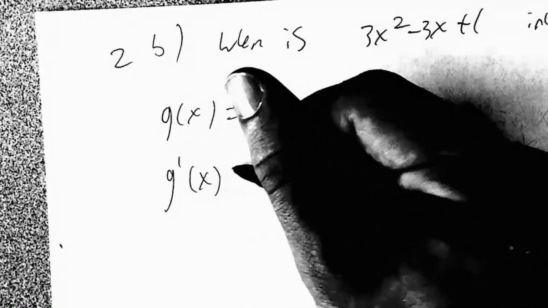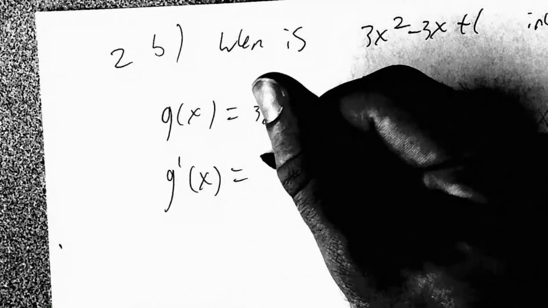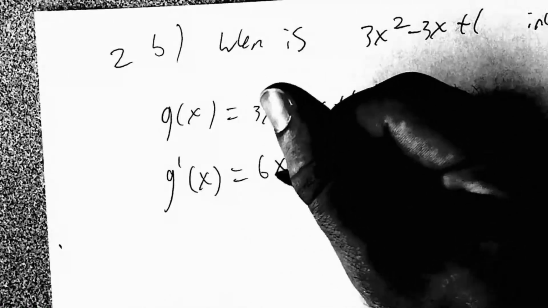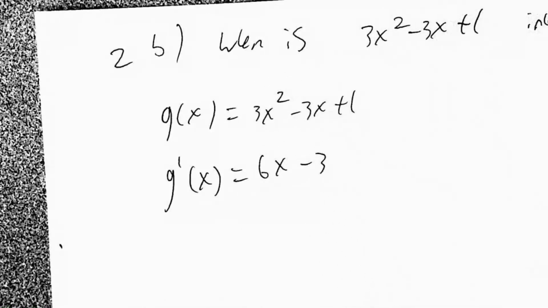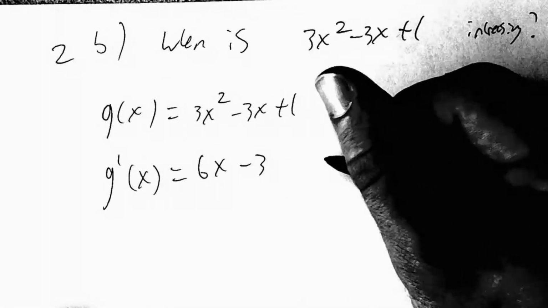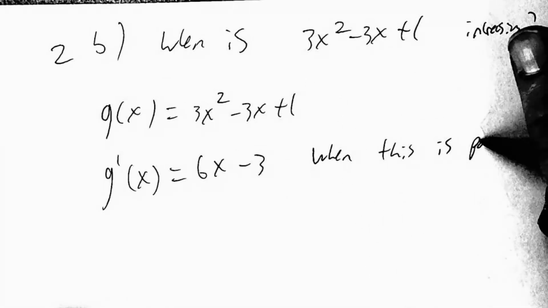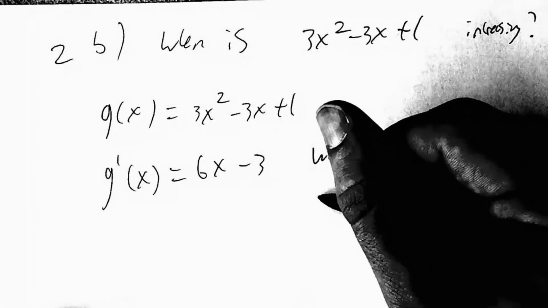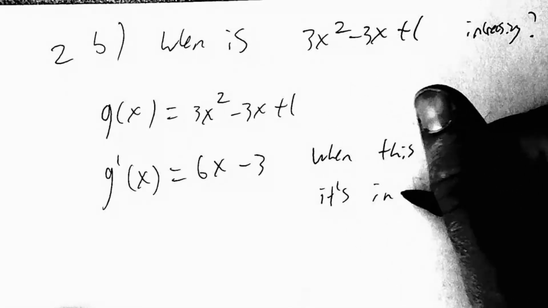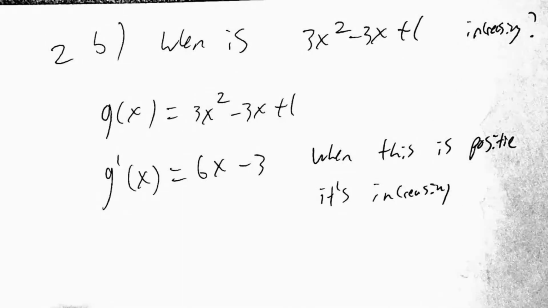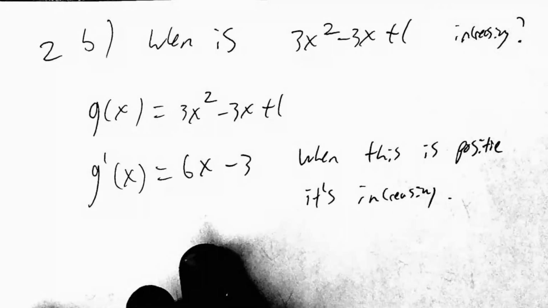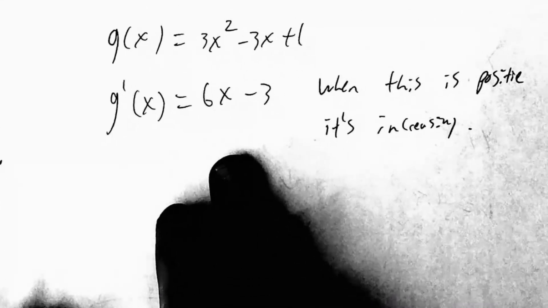So we take the first derivative, which is going to be 6x minus 3, right? Now, when this is positive, it's increasing. That's what we got to know, right?